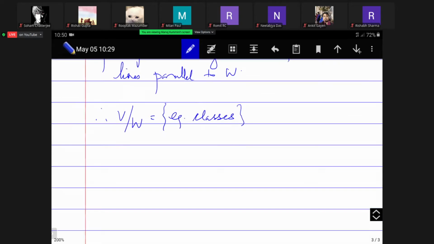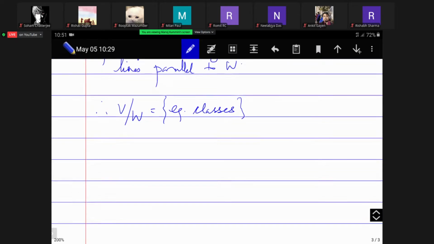So there is no natural choice for representing the equivalence classes. We could, for convenience, pick elements on the y-axis. It is purely for convenience.